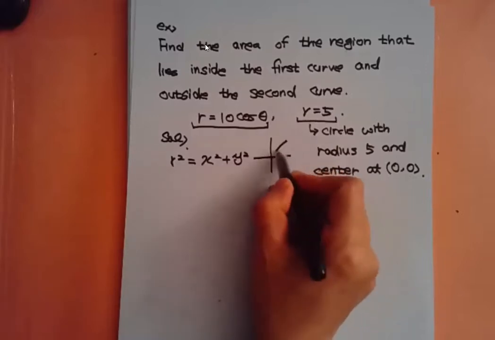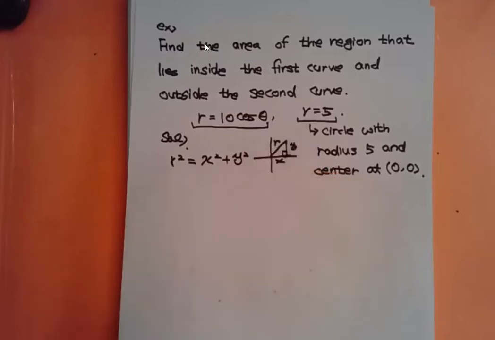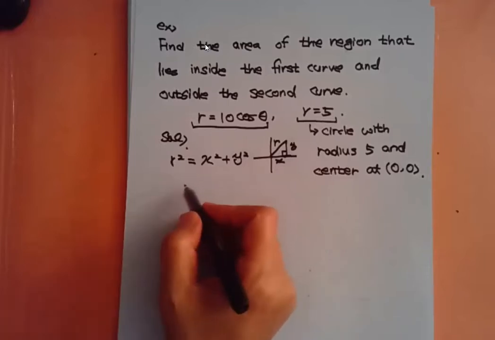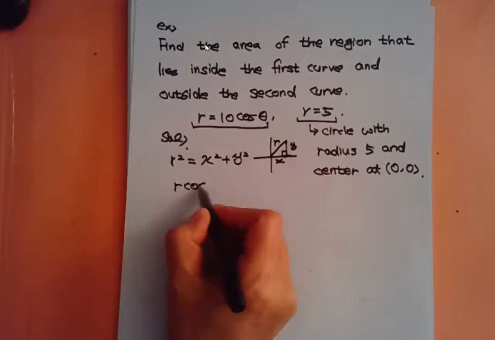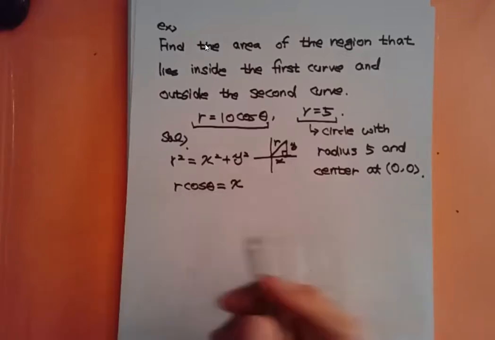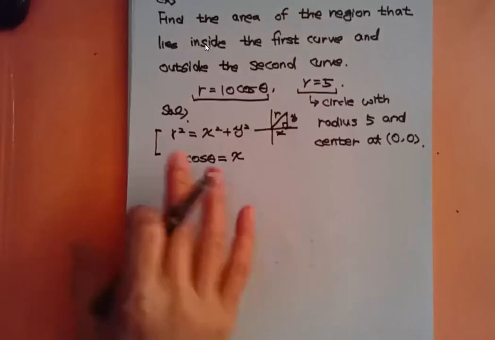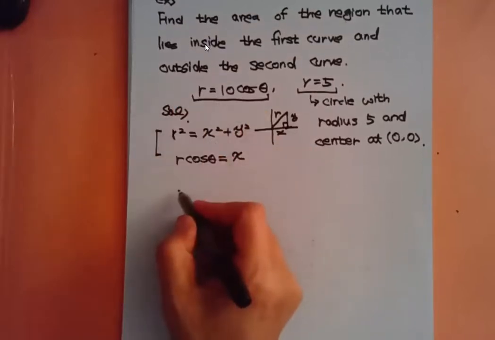It's just like x, y, and r, then r squared is x squared plus y squared. And we want to use r cosine of theta equals x. And so we will use these two facts to convert that equation into the rectangular equation.